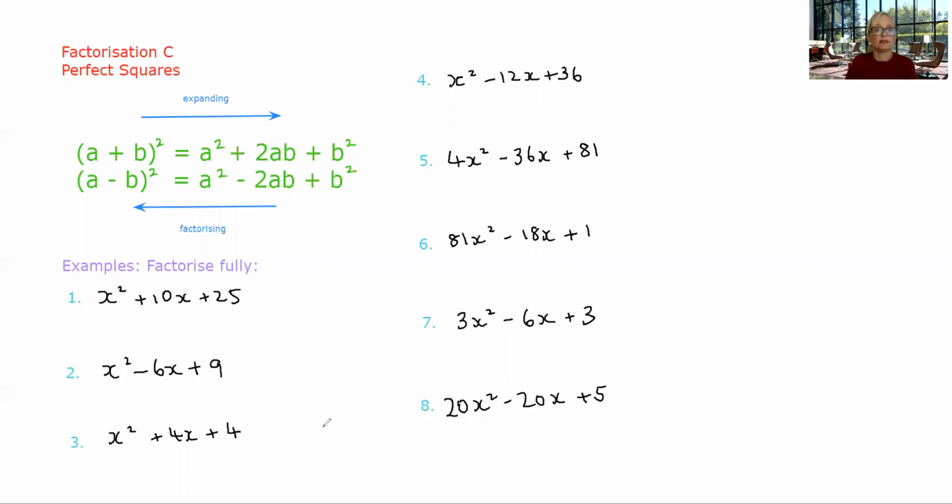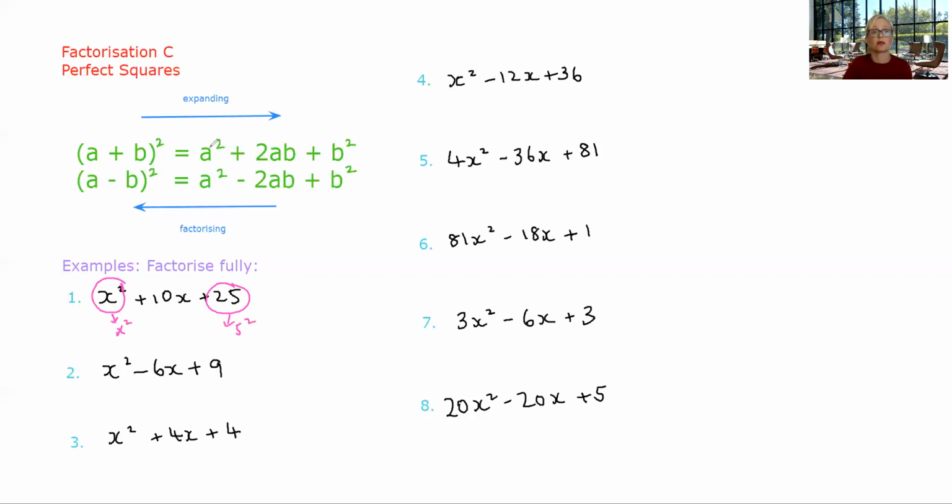Let's have a look at these examples here and I'll show you how I can tell that these are perfect squares. Okay, first thing you need to look at is, are the first and last term both something squared? Well, yeah, that's x all squared and that's 5 all squared. So it's ticked that box.